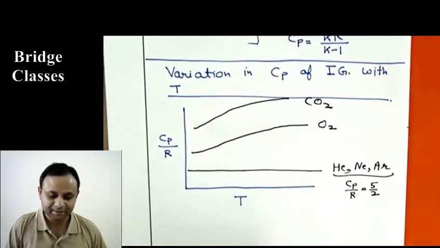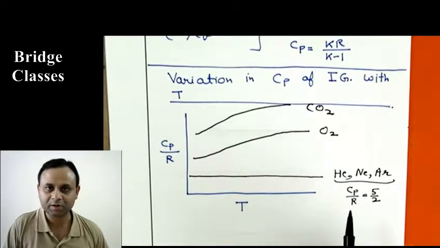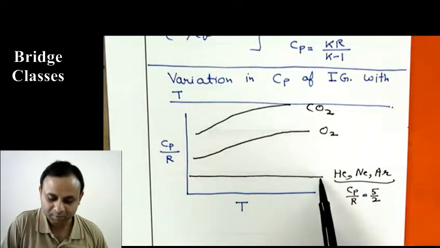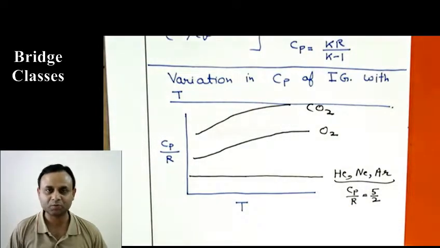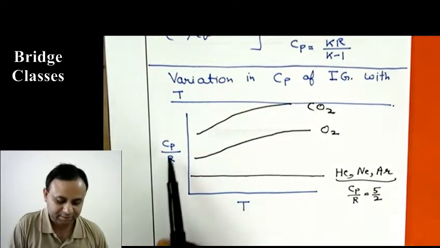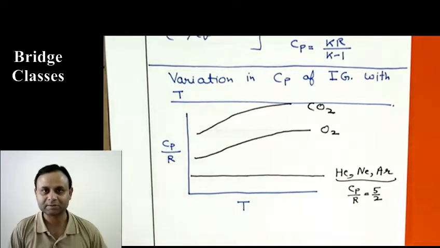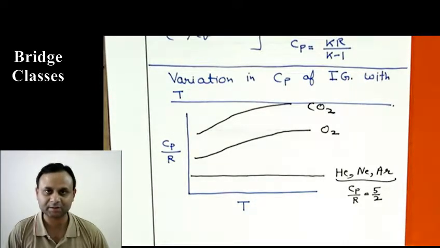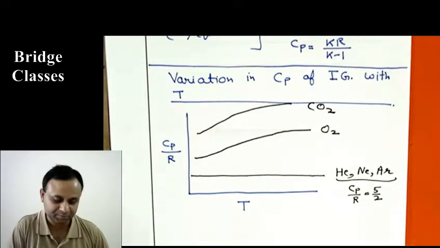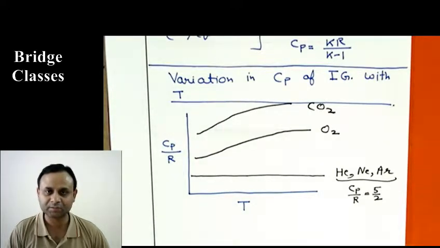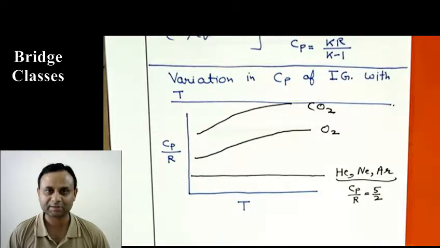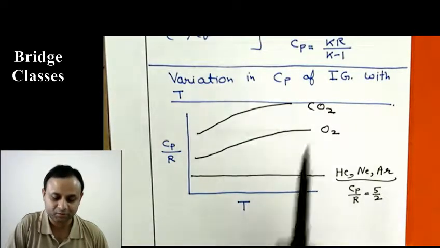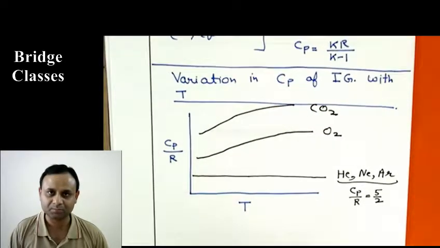So one idea is as molecule becomes more and more complex, this is monoatomic, these are diatomic, these are triatomic, its Cp increases, or you can say its thermal energy storage capability increases, because Cp is a measure of thermal energy storage capability. And it increases because it is more complex. It can store energy in extra modes which are not available to simpler molecules.